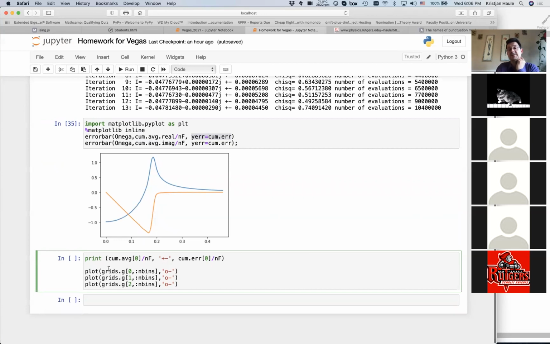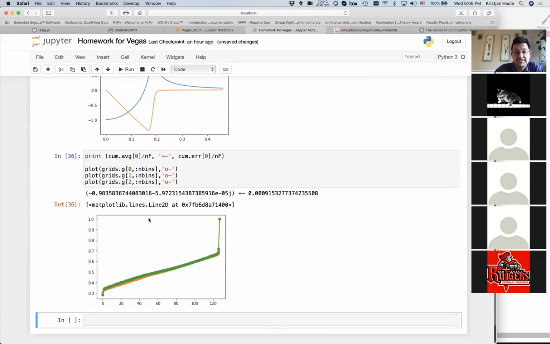Actually, the analytic result exists for zero temperature, and if you plot it on top of this, you will see that it's basically one-to-one. And if you remember from before, the value at 0 is supposed to be minus 0.083. We got the value at 0 correct as well.